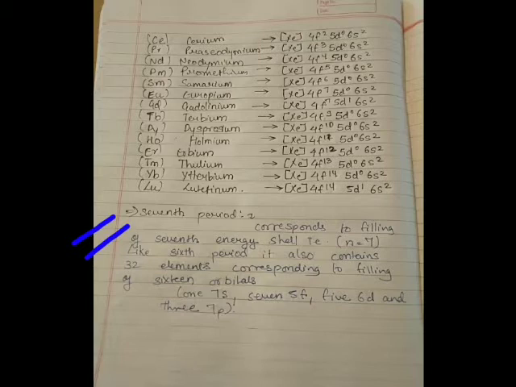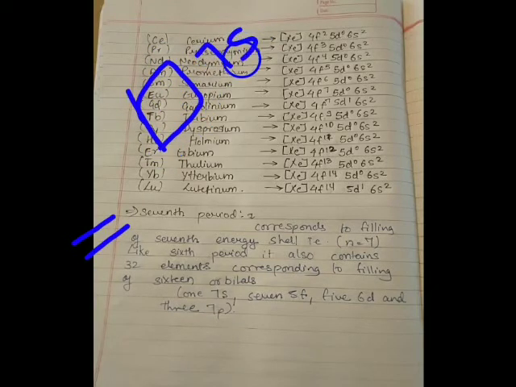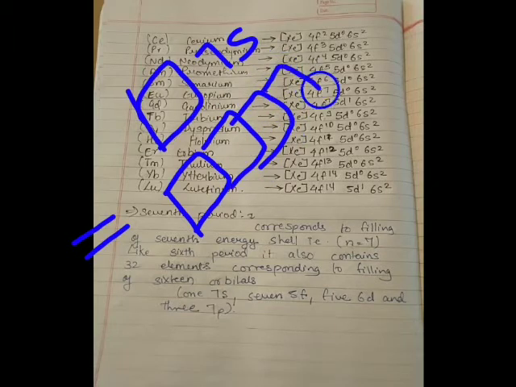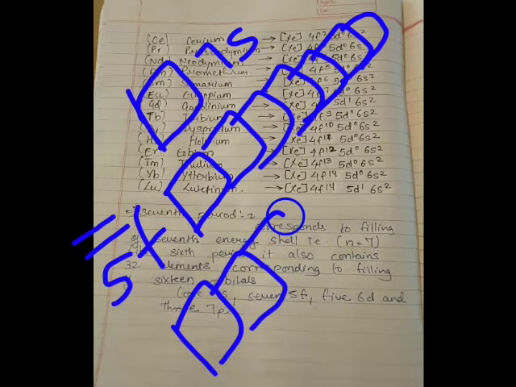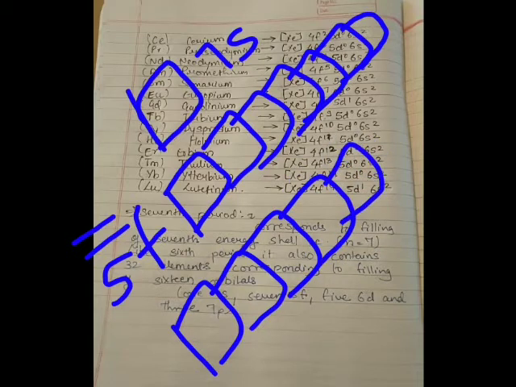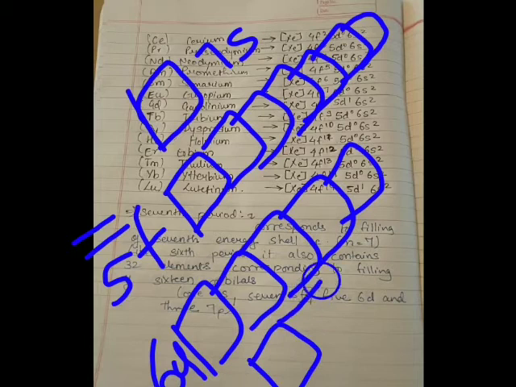What I am saying is, there is one orbital which is 7s, there are seven 5f orbitals, there are five 6d orbitals and there are three 7p orbitals. Okay, so this is all about the orbitals.